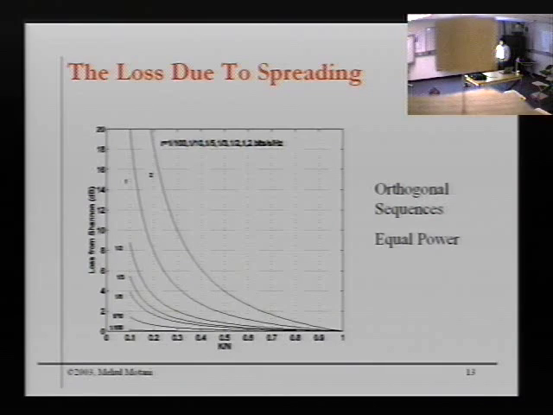So there are a couple of things to take away from this graph. If I fix my spectral efficiency and I move to the right on this graph, I see that my loss decreases, but there are diminishing returns.